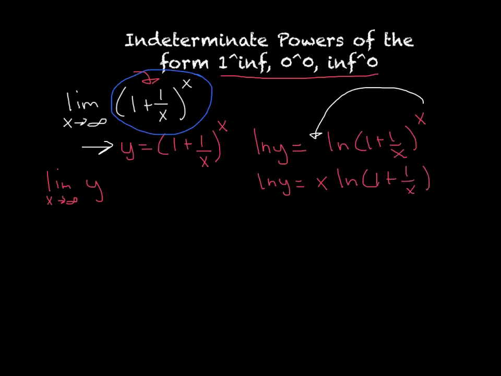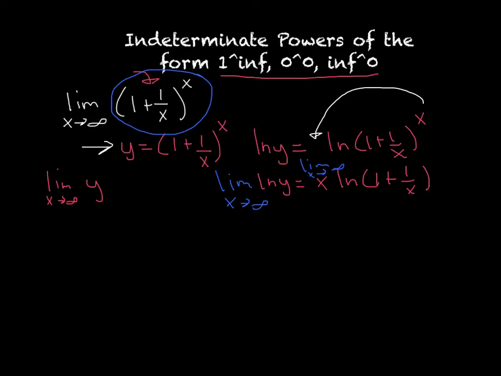All right? And so now what we want to do is take the limit as x approaches infinity of both sides. I should have left room for that, but you got the point. We want to take the limit as x approaches infinity of both sides.